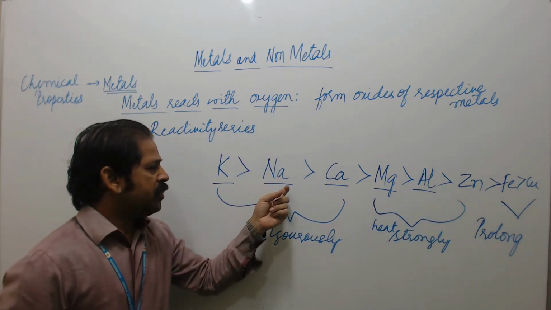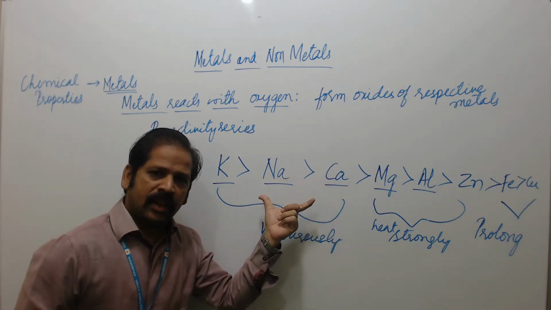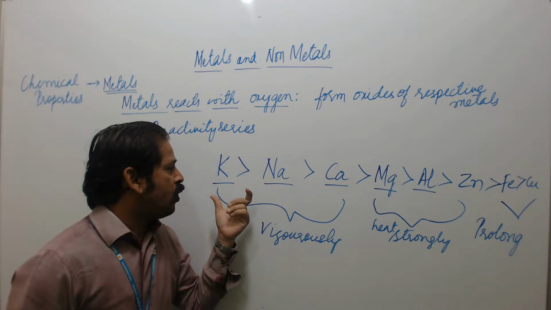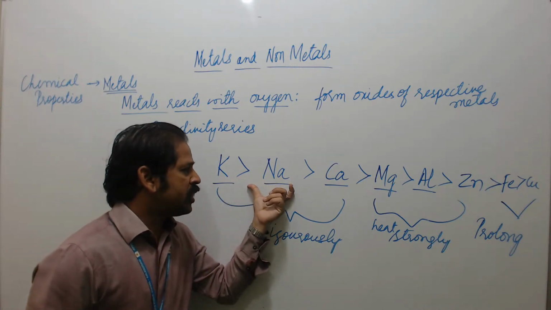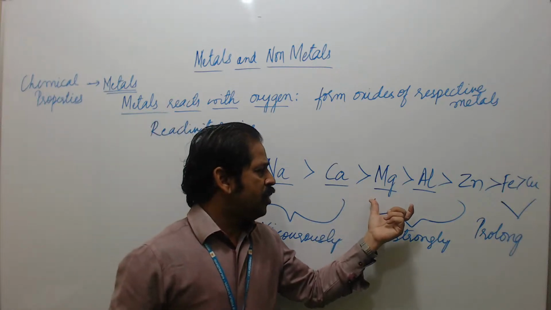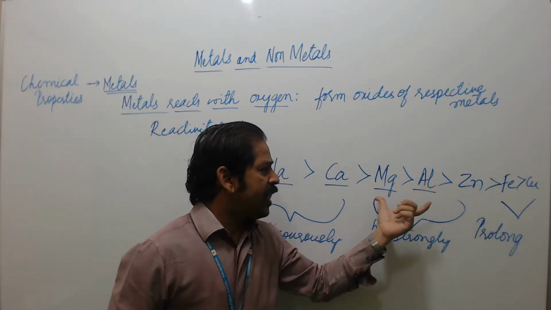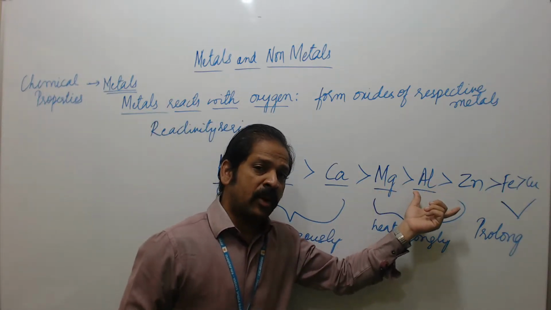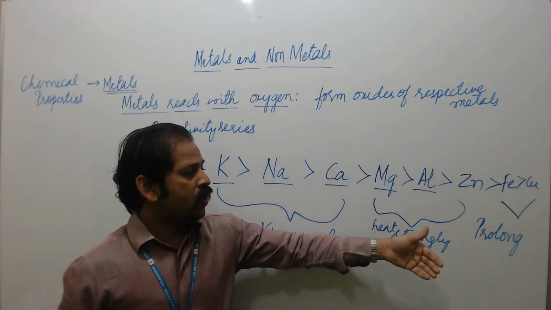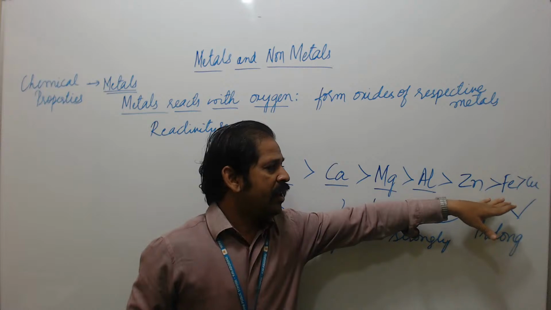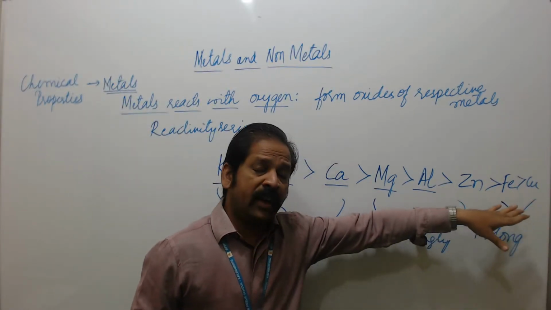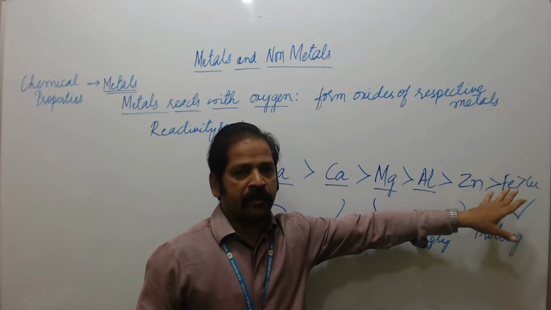Potassium, sodium, and calcium react on the spot immediately, or the word is vigorously, to form potassium oxide, sodium oxide, or calcium oxide. And for magnesium, aluminium, and zinc, to get magnesium oxide, aluminium oxide, and zinc oxide, you have to heat strongly. The last ones, iron to form iron oxide or copper to form copper oxide, you have to heat for a very long time.